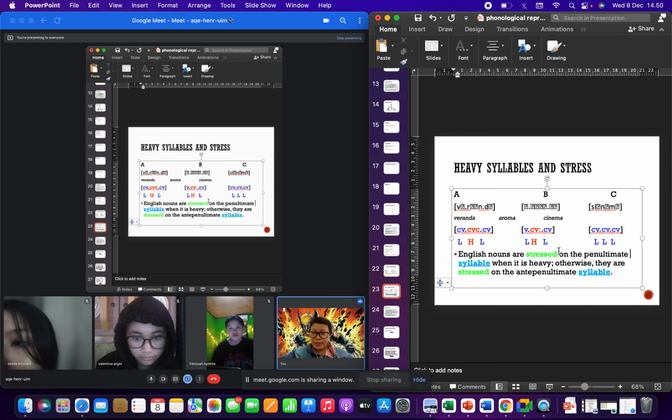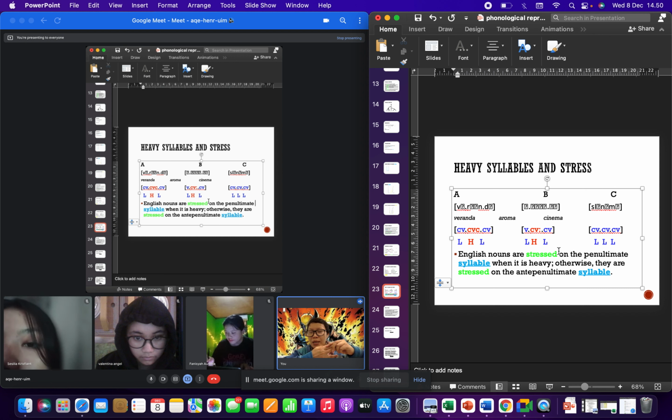For example, we have the word important. Ten is the last syllable. Port is the second last syllable. The second syllable before the last syllable is our penultimate syllable.